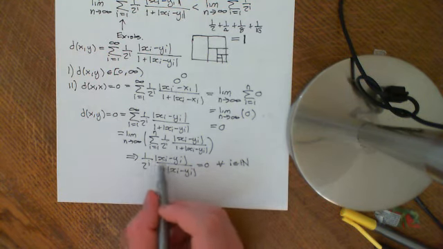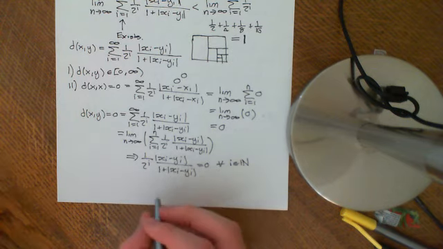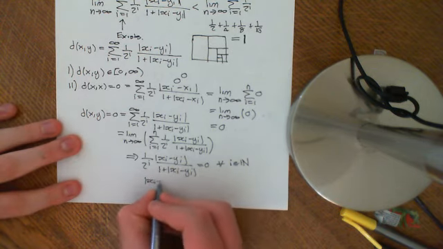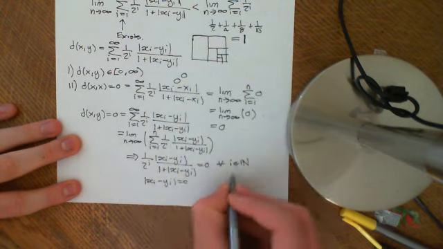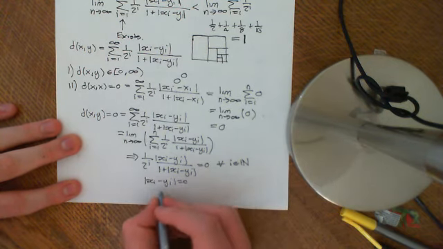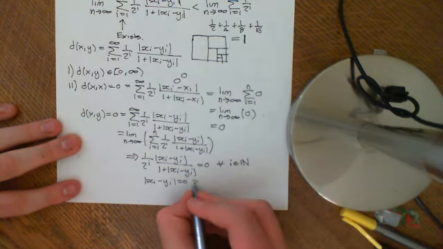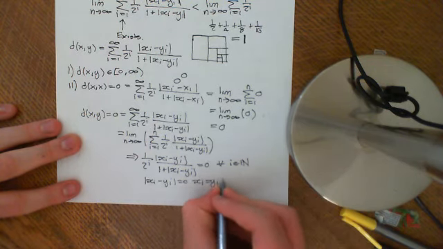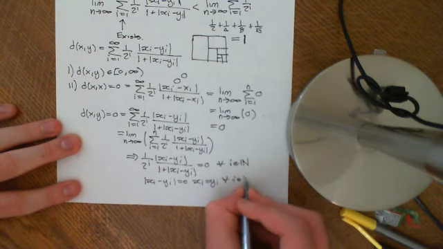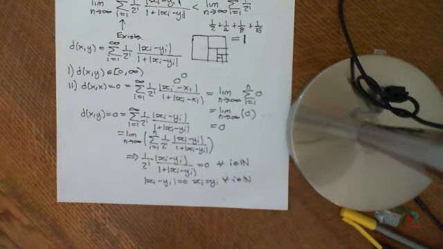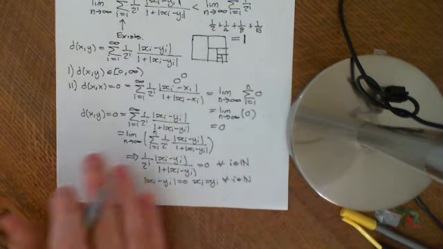So this front term has to be equal to 0. So xi minus yi must equal 0 for all i an element of the natural numbers, which implies that xi is equal to yi for all i, which implies that yes, x and y were identically equal as far as the sequences were concerned.